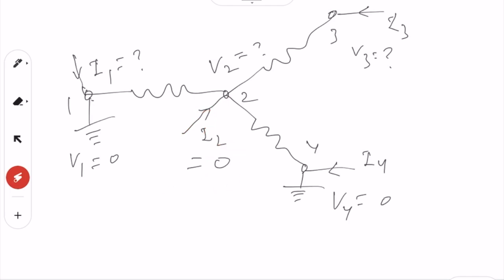Now, similarly here, I3. Again, since we want it to be a delta connection, we do not want to make I3 equal to 0, but we will get some.